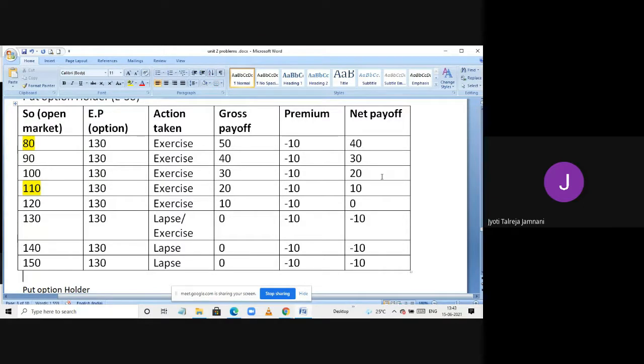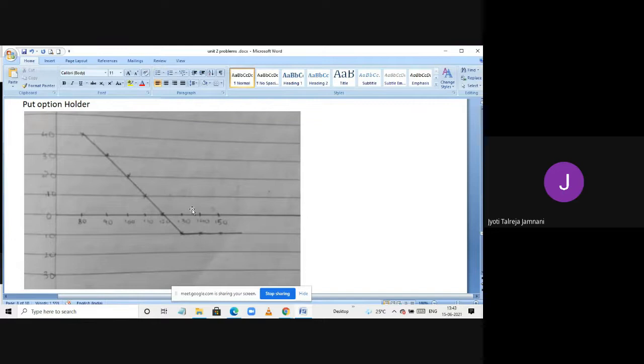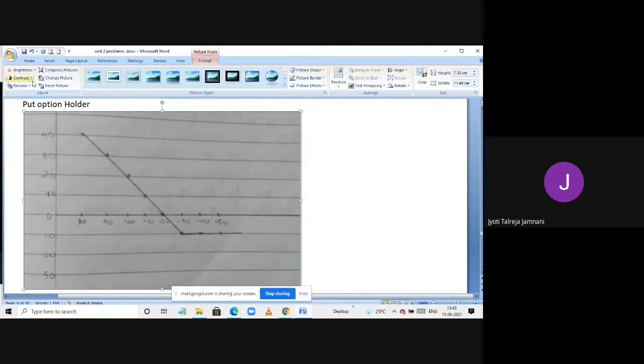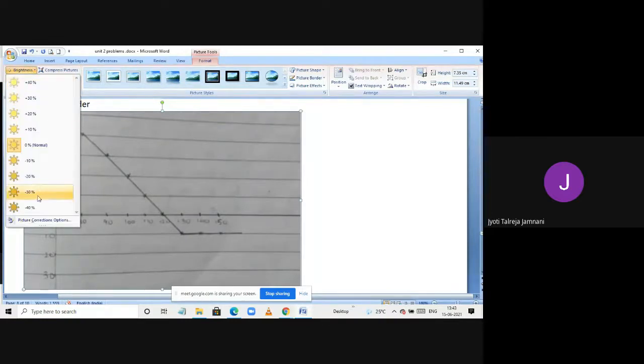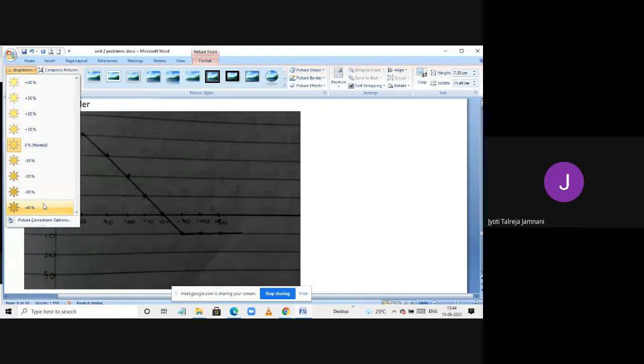Now look at the graph also, which I've already pasted here. From 80 to 150 are the prices. Is this visible better?